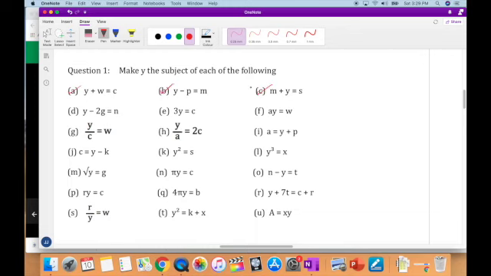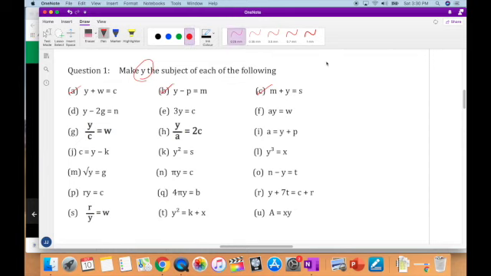Real quick, let me see it. The first one, Caitlin. We're making y the subject of the formula. So y plus w equals c. What now? Transpose w to make it negative. Minus. So y is equal to c minus w, and that's the answer, right? So Shazay, you okay with that?